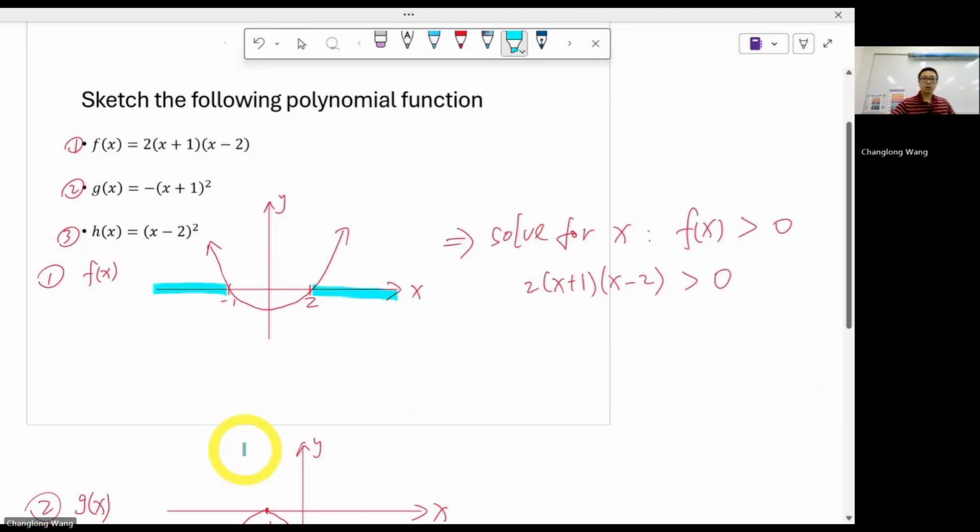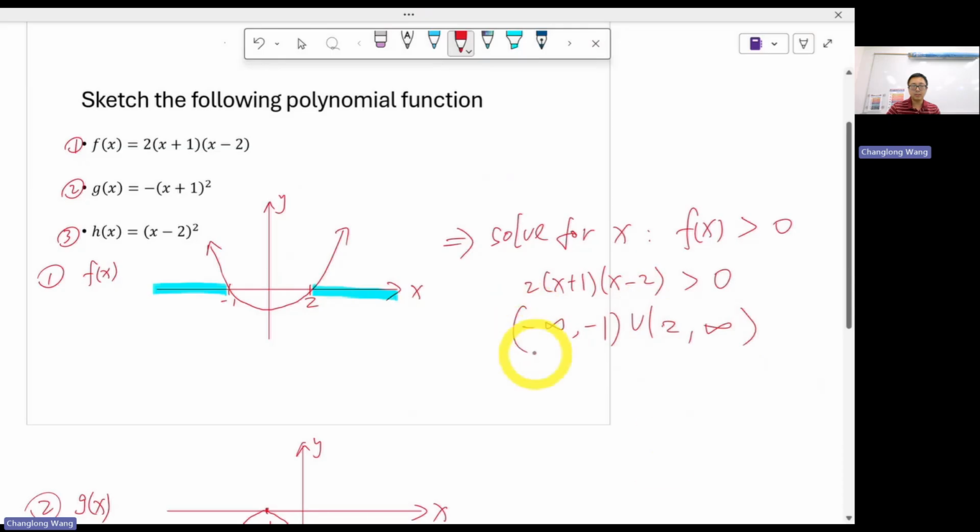And therefore, the solution set for the inequality that reads 2x plus 1 times x minus 2 greater than 0 will be -infinity to -1, parentheses, union, parentheses, 2, comma, infinity, right? So that's the interval notation for the solution set.